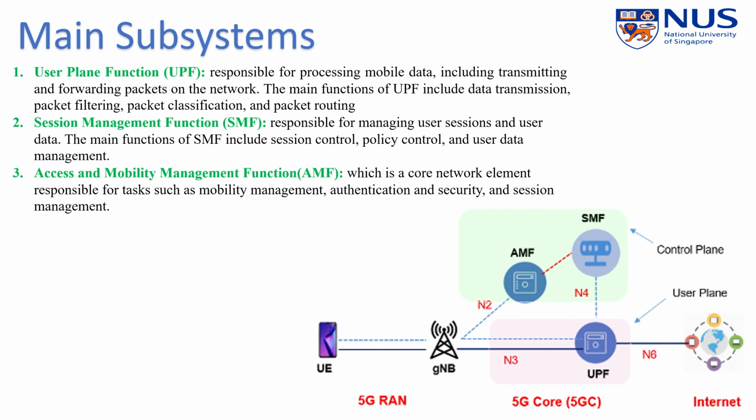The main functions of the user plane function include data transmission, packet filtering, packet classification, and packet routing.